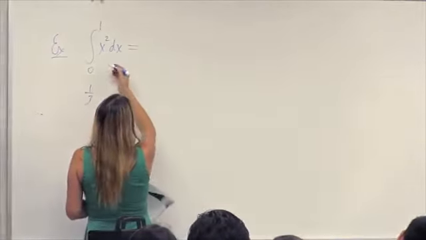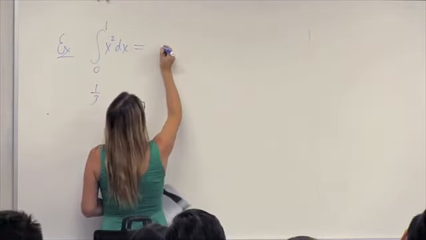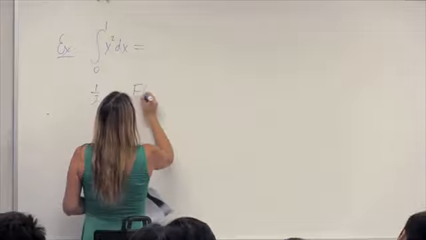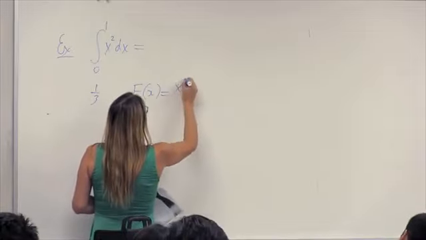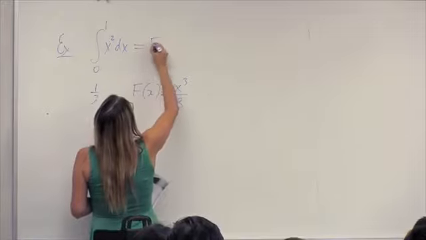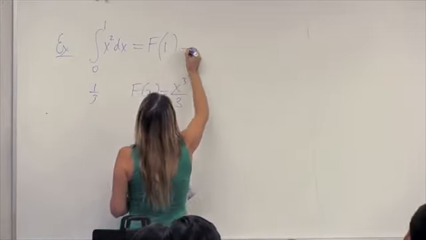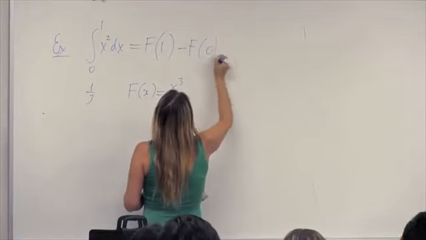What do we have to do? We have to evaluate the antiderivative of x squared. It's equal to x cubed over 3.